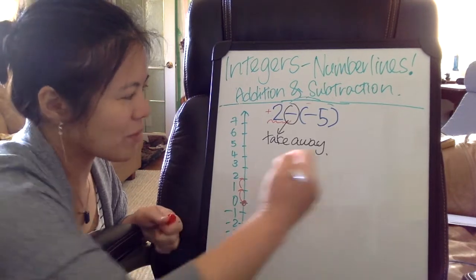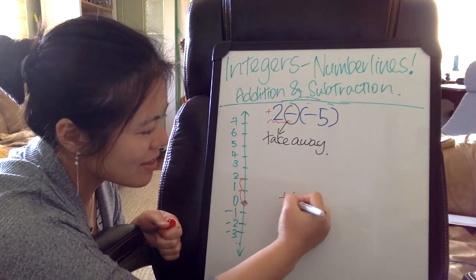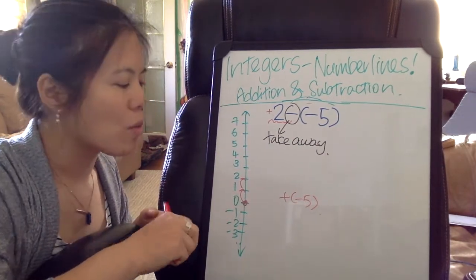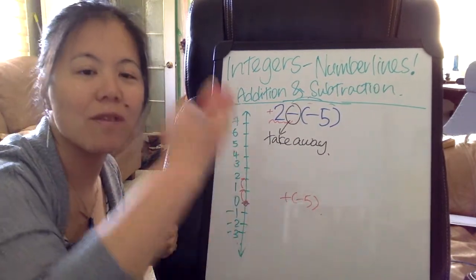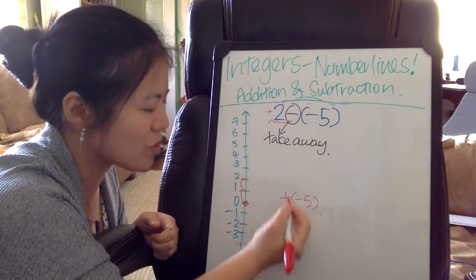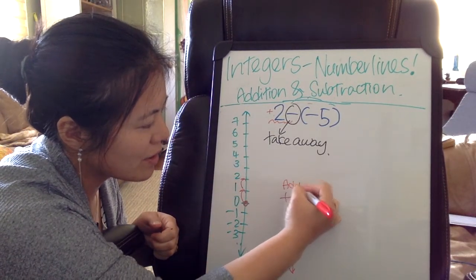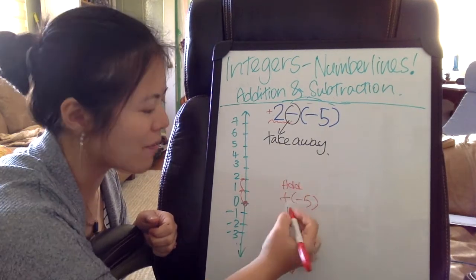So when we had something like this, add -5, what we did was we took 5 steps downwards. Add -5.